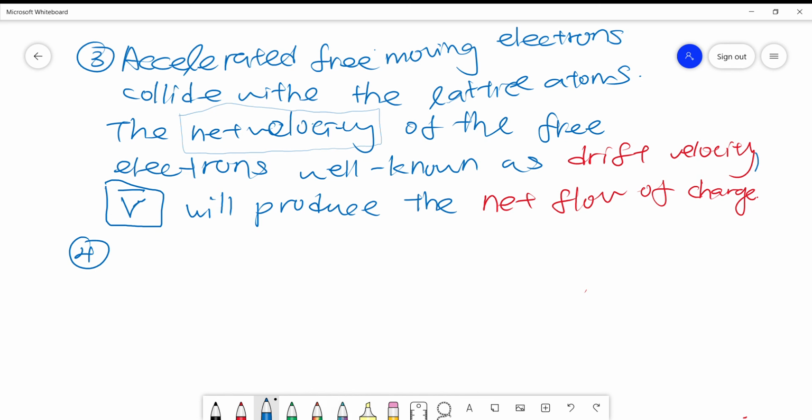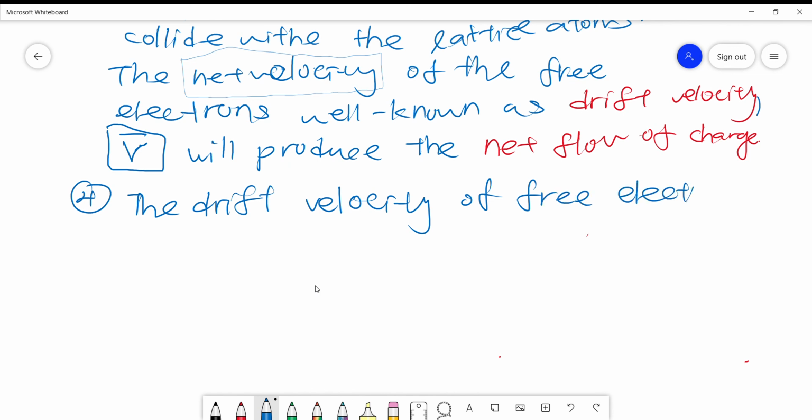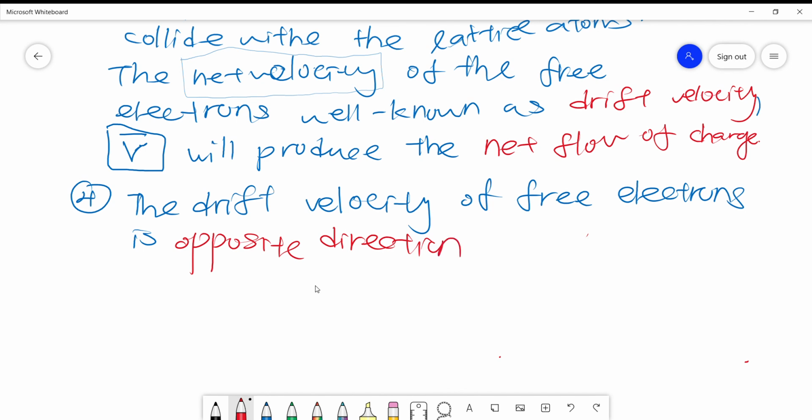Okay, so I can conclude that my description for number 4 is that the drift velocity of free electrons is in the opposite direction to the electric field.